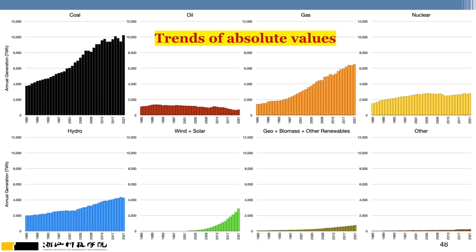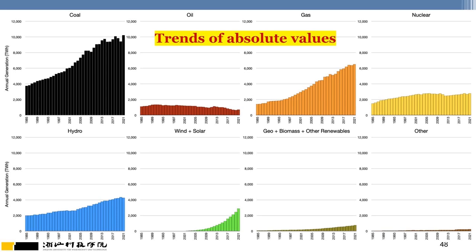And for more specific fuel types, we can see coal is one of the dominant energy sources of electricity generation worldwide. It increased gradually in the past 30 or 40 years. And oil decreased in recent years, and the gases increased gradually in the past years.